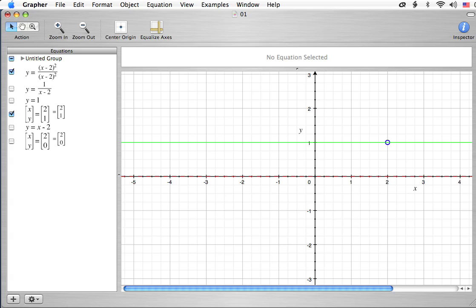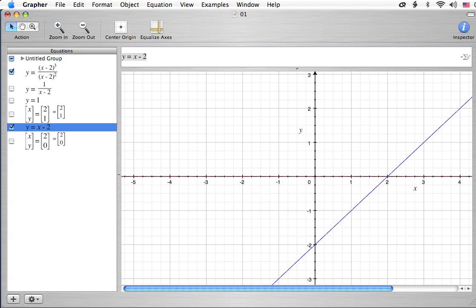All right. Now let's take a look at what happens if we make the 2 on top a 3. So now we have x minus 2 squared on the bottom, x minus 2 cubed on the top. Two of them are going to cancel, and we're going to be left with something like y equals x minus 2. So we're going to get a blue line that looks like that. If I turn that blue line off, there's the green line. But there is a subtle difference.